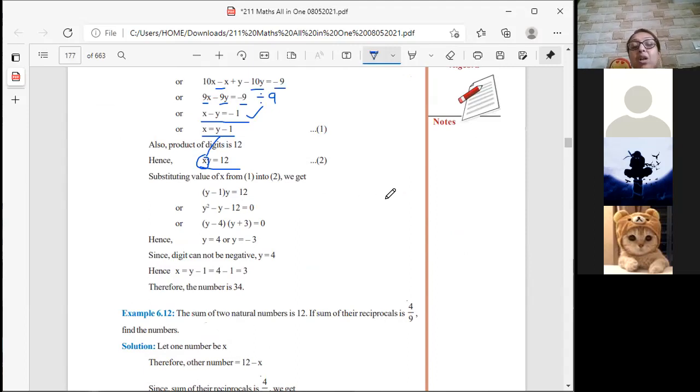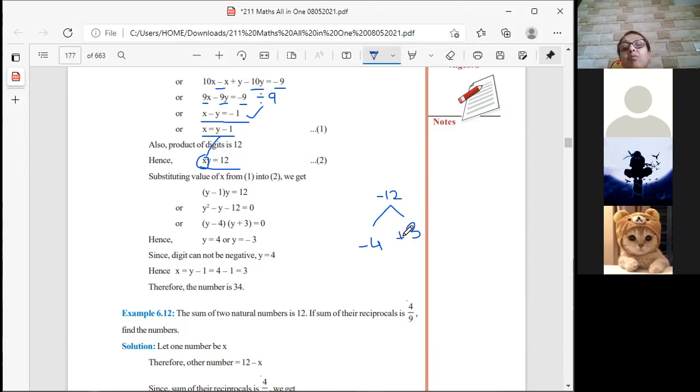Now I have got 12 here, and this is minus. I need to split the number into two numbers, 4 and 3, because when I subtract 4 and 3, do I get 1? Yes. I need to have minus y, that means I will keep the bigger number as minus and the smaller number as plus.